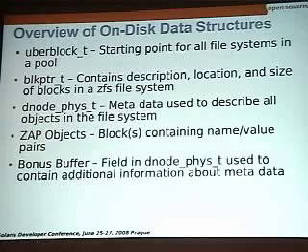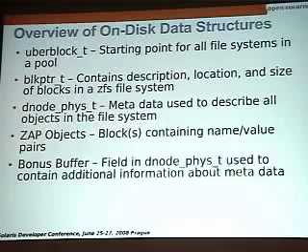And almost everything in a ZFS file system is described by a dnode. One of the things that a dnode will refer to is something called a ZAP object. This is the ZFS attribute processor. And this basically is name-value pairs.